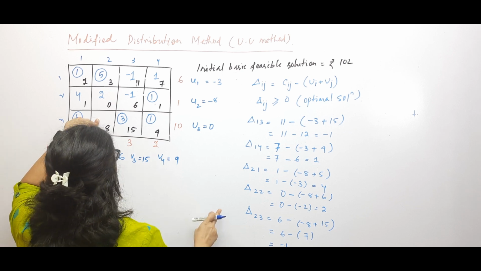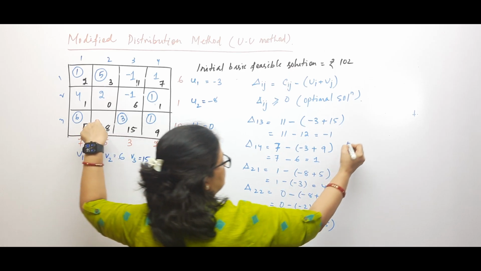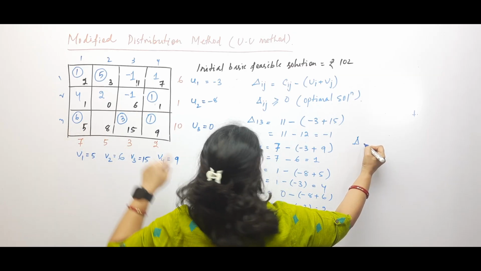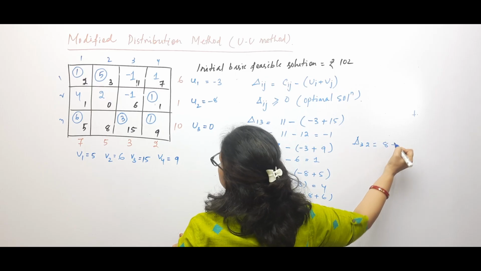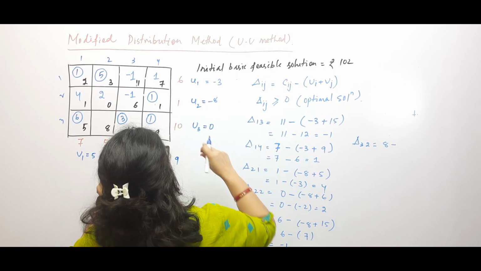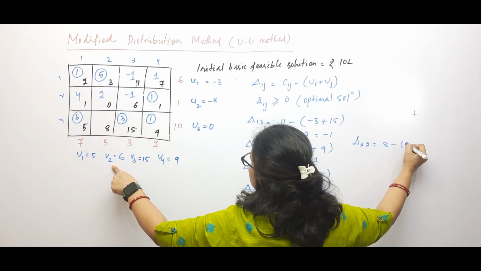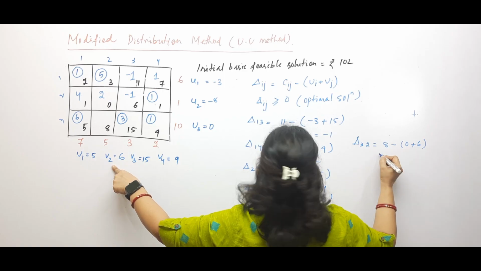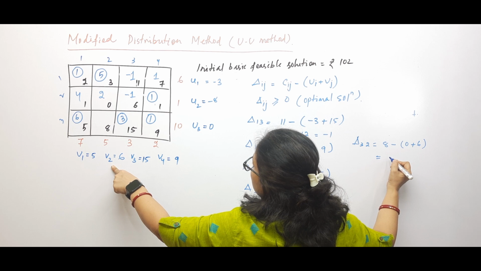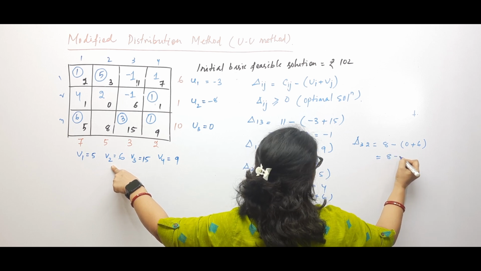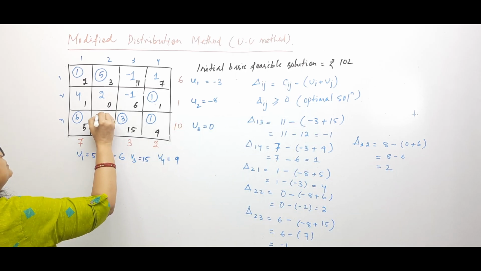This is called delta 3, 2. Delta third row, second column, which is equal to 8 minus u3 0 plus 6, which is equal to 8 minus 6, 2. So here the value is 2.